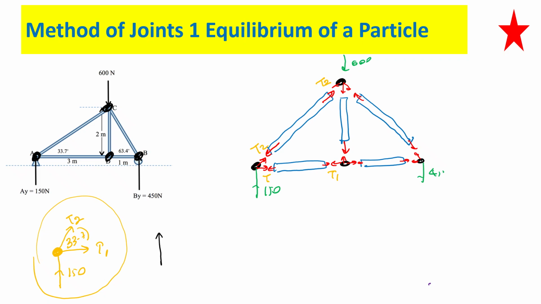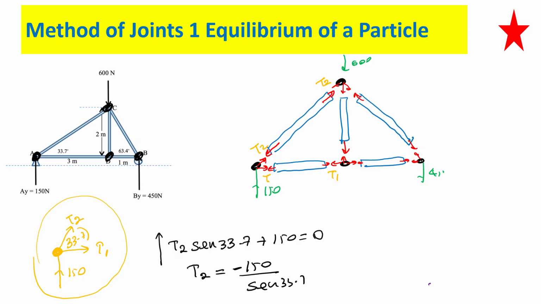So that means T2 sine 33.7 plus 150 should be equal to 0. Do you agree with that? So you can find T2, which is negative 150 divided by sine 33.7. So you have a number here in newtons, and you have a negative sign.